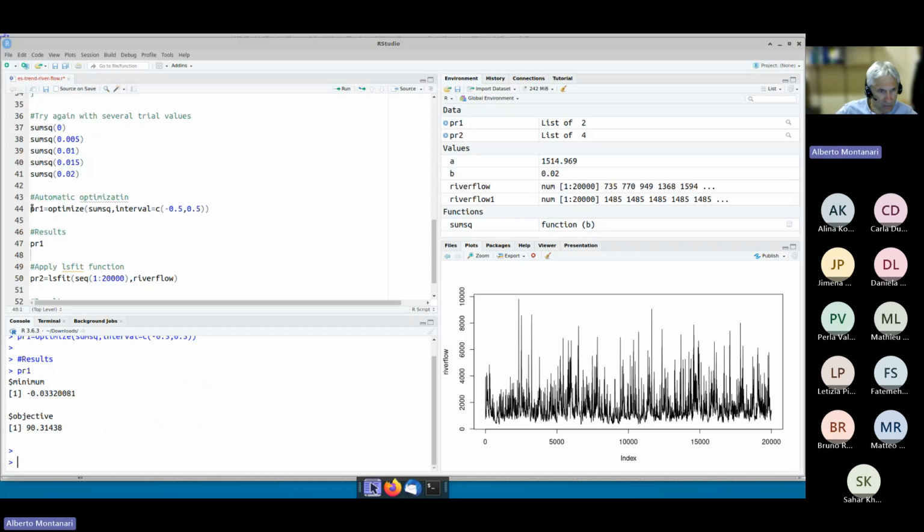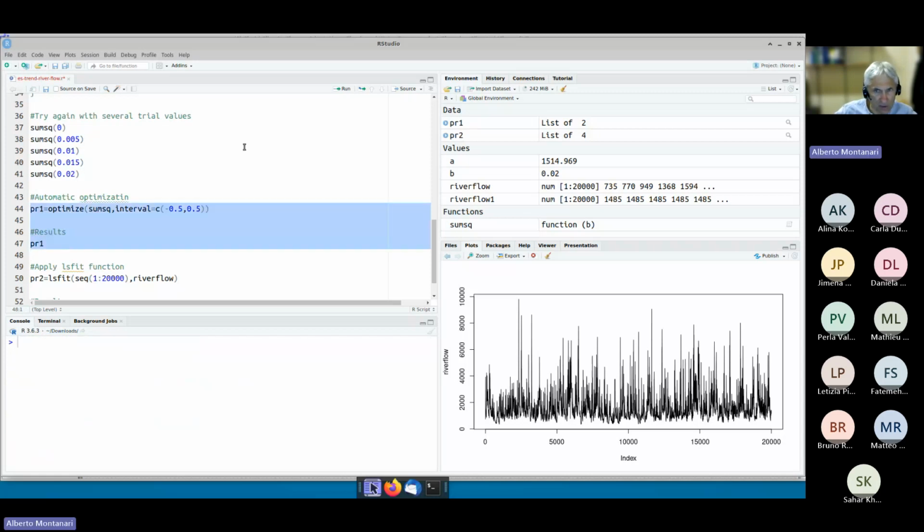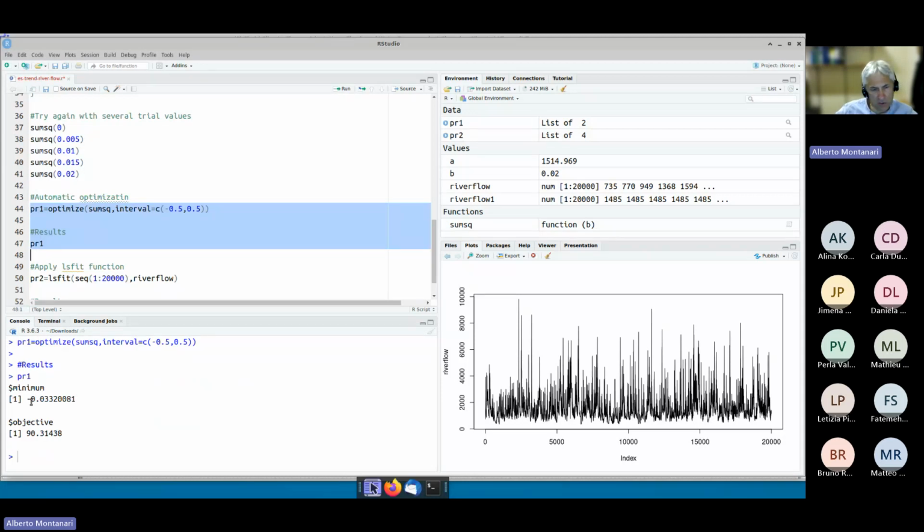Let me repeat it, sorry, because I want to make sure that I did everything correctly. Okay, run. Yeah. Okay, now the slope is again negative, minus 0.03. So you see that different objective functions give different results.